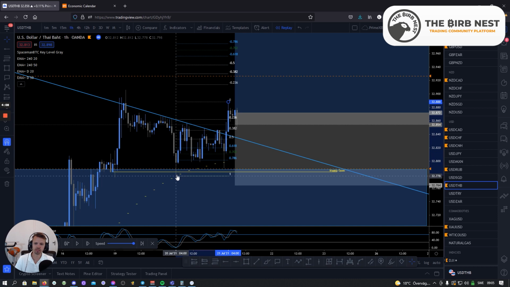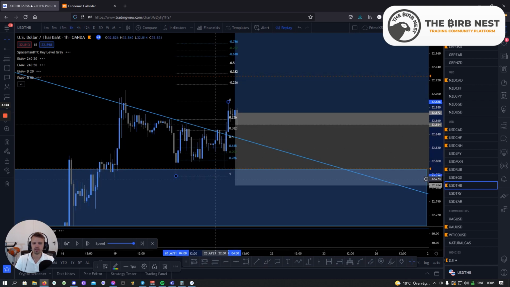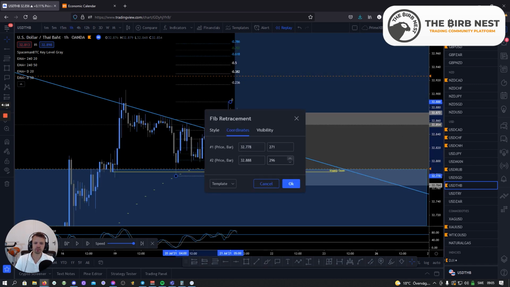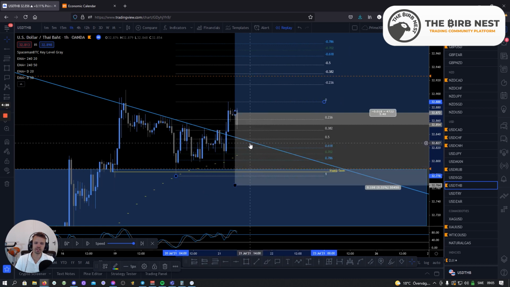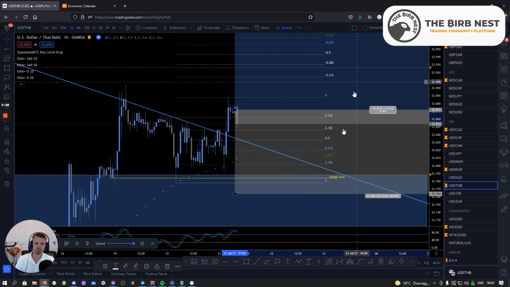You can use that one as well because it's not a big difference, and on the 4 hour it kind of makes more sense. So if you extend this to the right, you will notice that the reload zone is in a quite nice area here, right? So if you can come down and test the reload zone here, confluent with the 4 hour 20 EMA and the trend line, that would obviously be a very good entry.